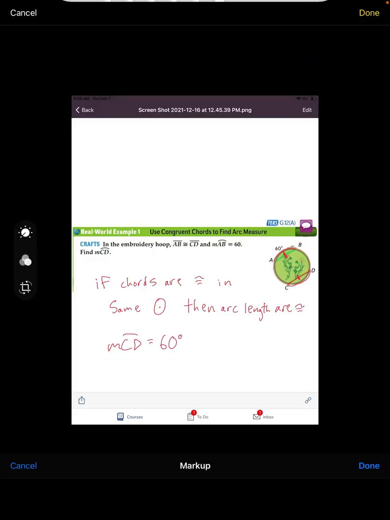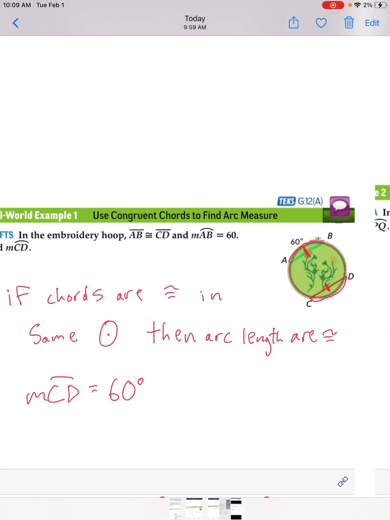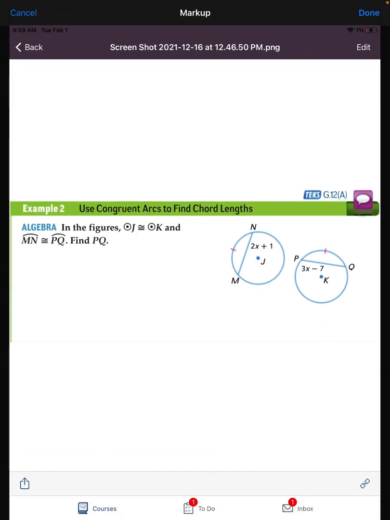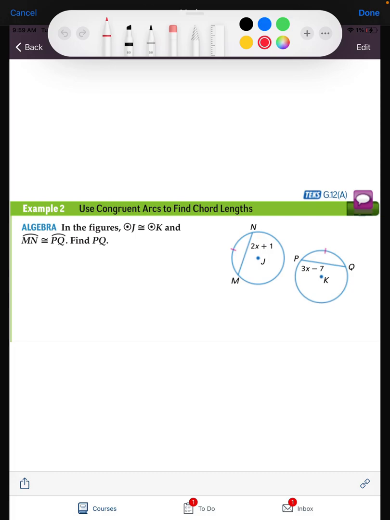Let's look at one more example. In the figures, circle J and circle K are congruent to each other, and it tells us that arc MN is congruent to arc PQ. We want to find the length of the chord PQ.